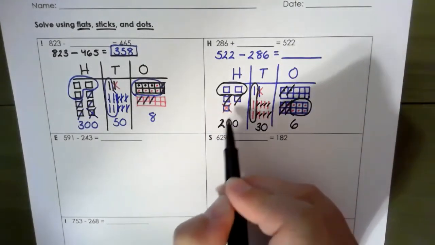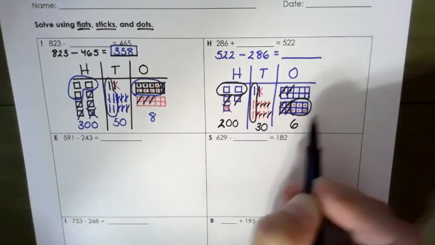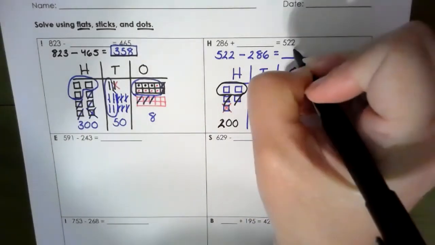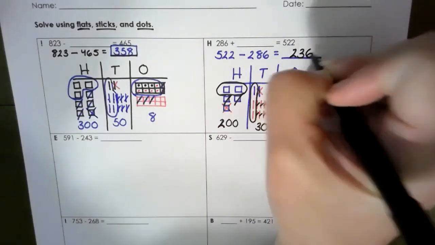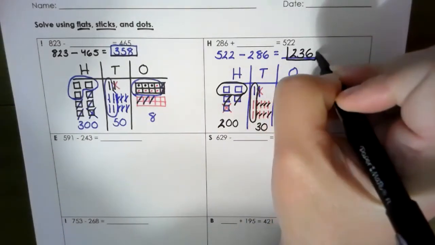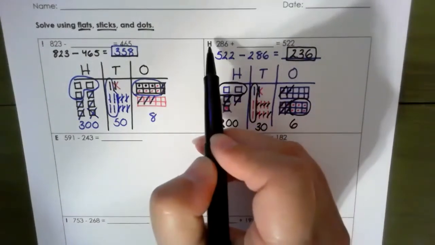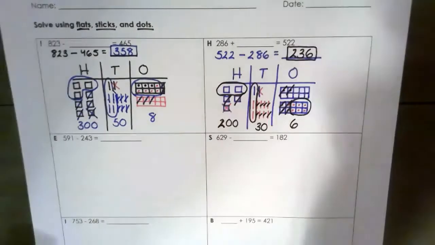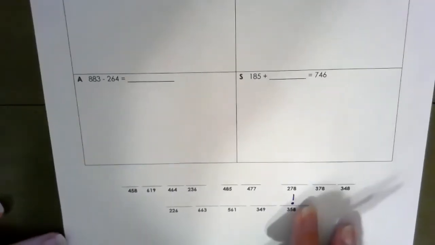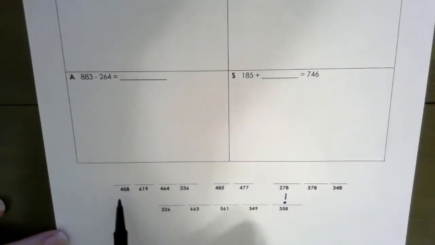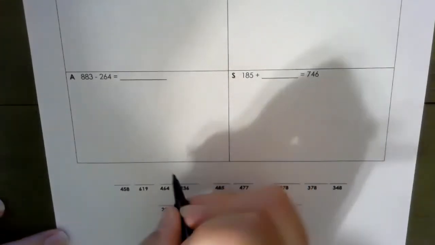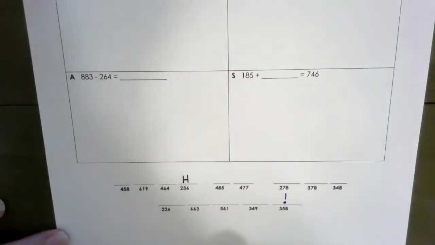Now we have 236. We can write that as our answer. 236 goes with the letter H in our secret message. Let's see if we can find that. There it is. That's the letter H.